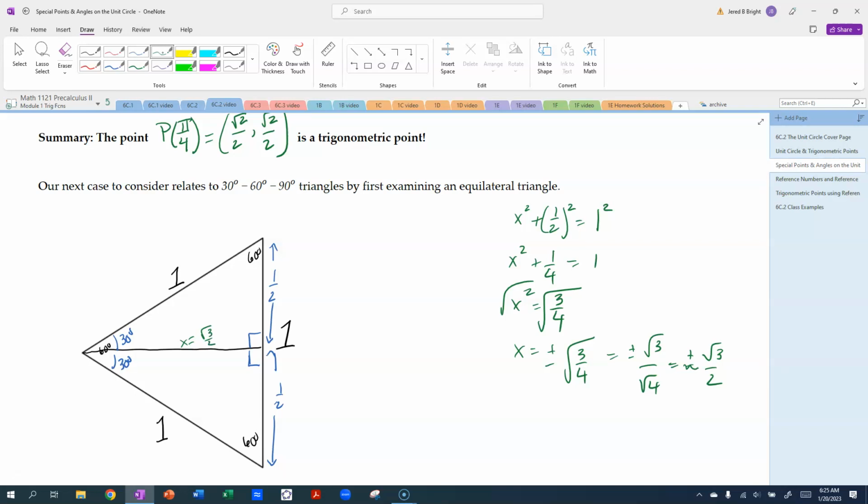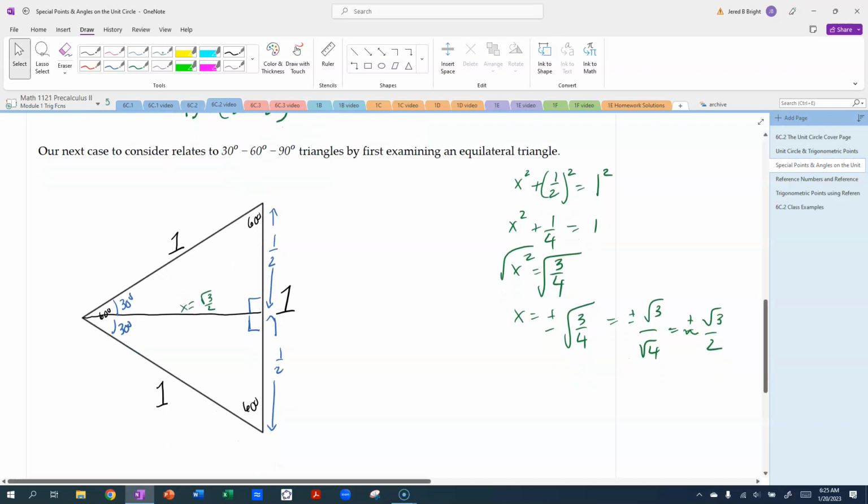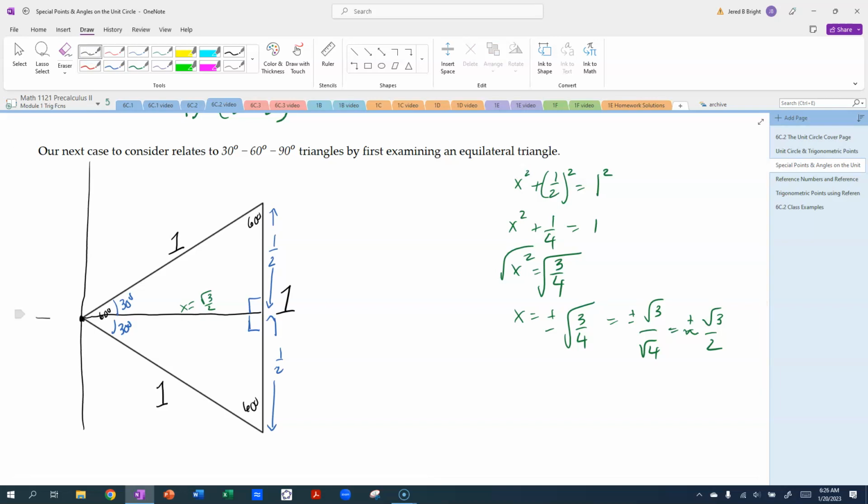Now, the whole reason we did this is I want to imagine this triangle overlaid on the Cartesian coordinate system. So I'm going to put this point right at the origin. Since this is a side length of 1, we can imagine that it is a radius of our unit circle.